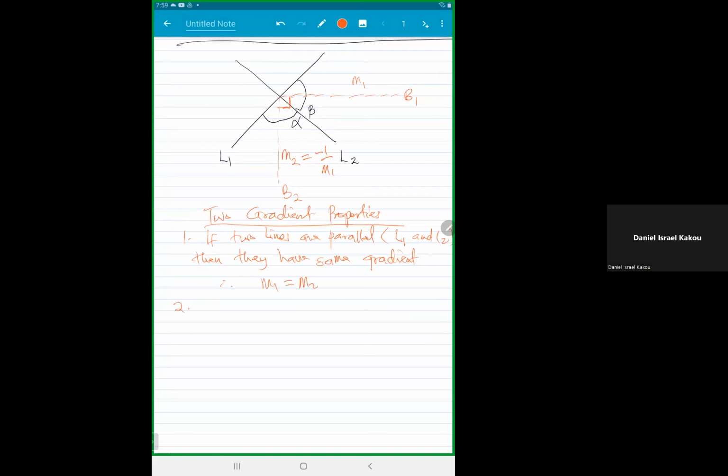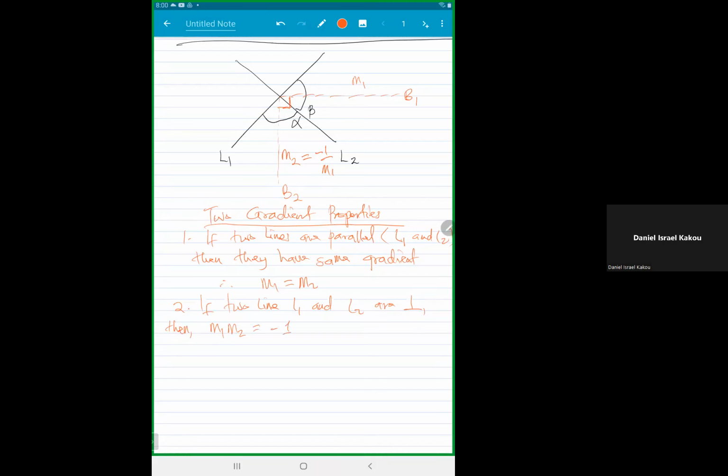And the second one is in an instance where they are perpendicular. So if two lines, L1 and L2, are perpendicular, (the sign I just made is to tell that something is perpendicular), then the product of their gradients, that is M1 times M2, is going to be -1.